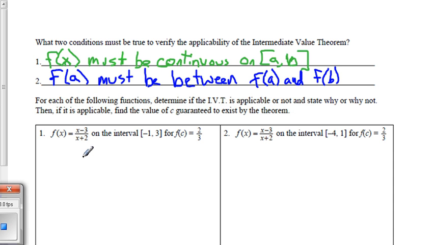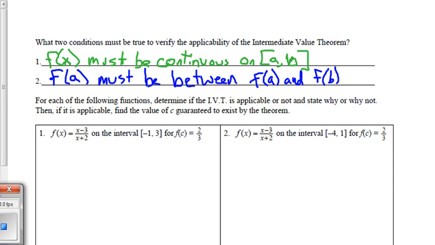So for each of the functions, determine if the intermediate value theorem is applicable or not, and state why or why not. If it's applicable, find the value of c guaranteed to exist by the theorem. So for 1 and 2, we'll notice we have the same function, and as I quickly look at this, I see that it's undefined when x equals -2.